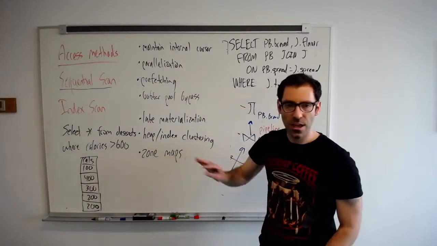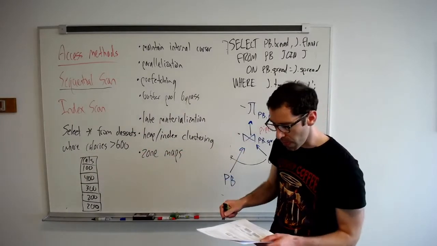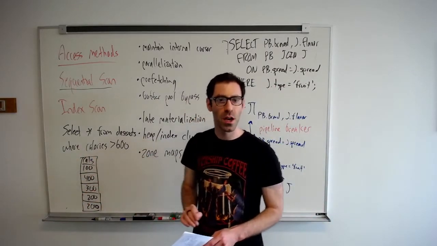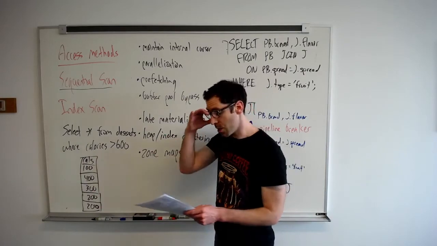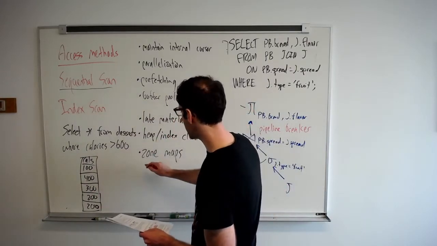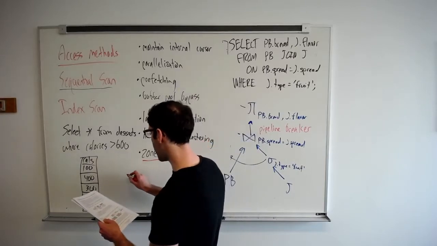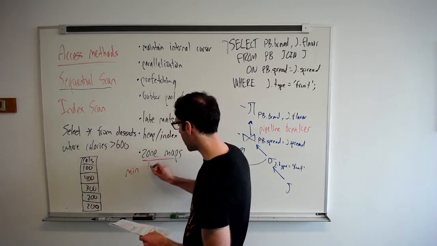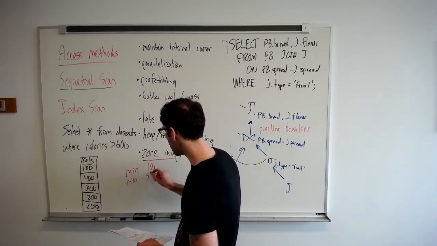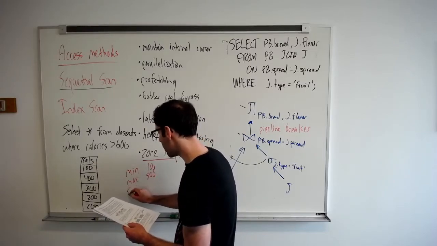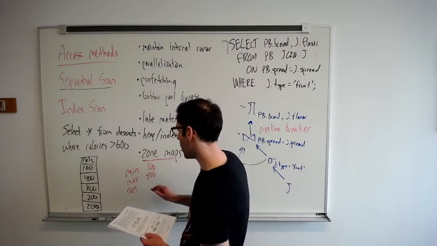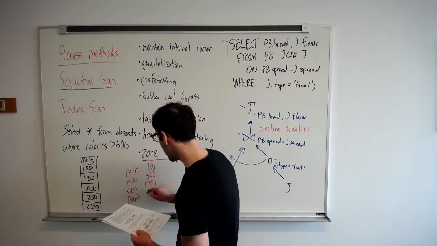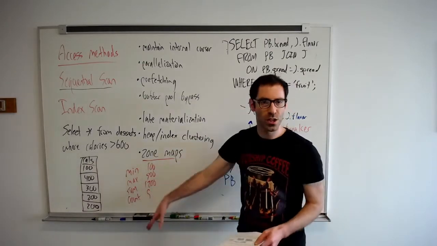A zone map is separate information that contains summary information about the data within a particular page, typically. So this zone map would look something like, it would have entries like the min of this data is 100, the max is 500, the sum is 1200, the count is 5, and there could be other information in there as well.